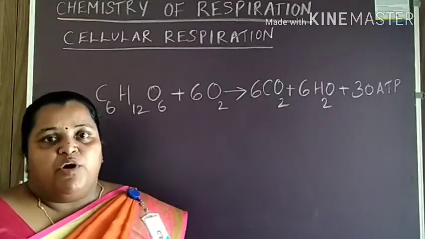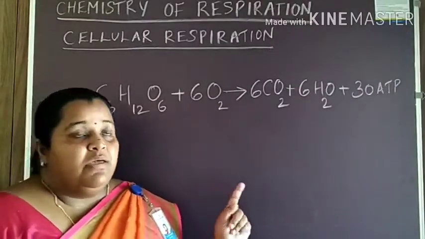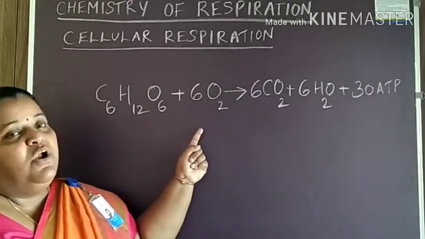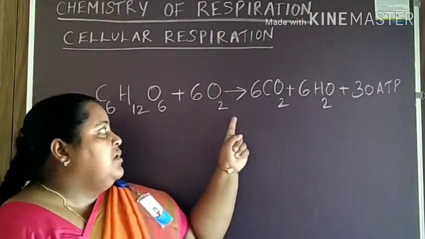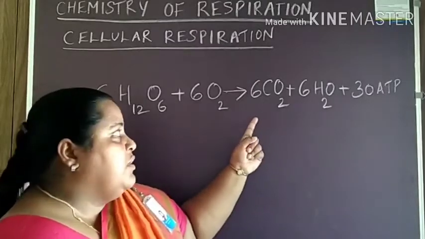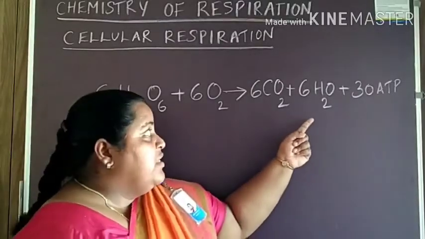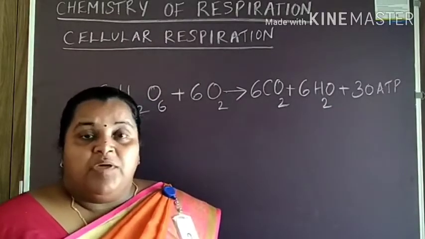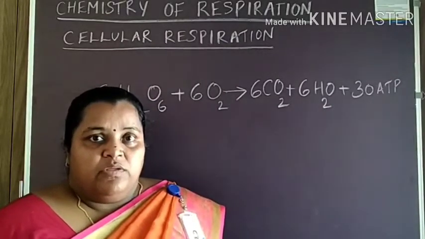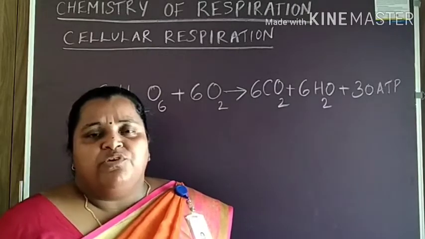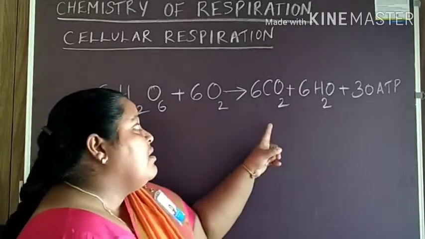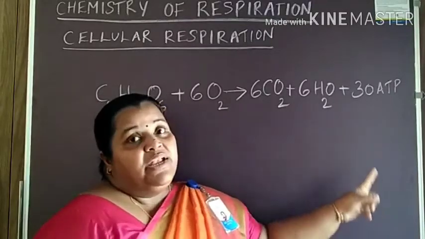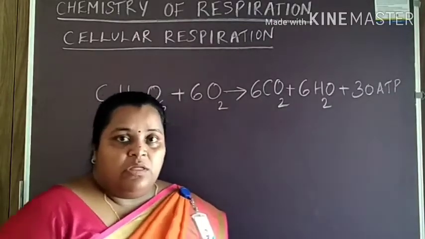When you write it in the form of an equation, glucose combines with 6 molecules of oxygen to release 6 molecules of carbon dioxide, 6 molecules of water and 30 ATP molecules. So the byproducts formed during cellular respiration are carbon dioxide, water and ATP molecules.